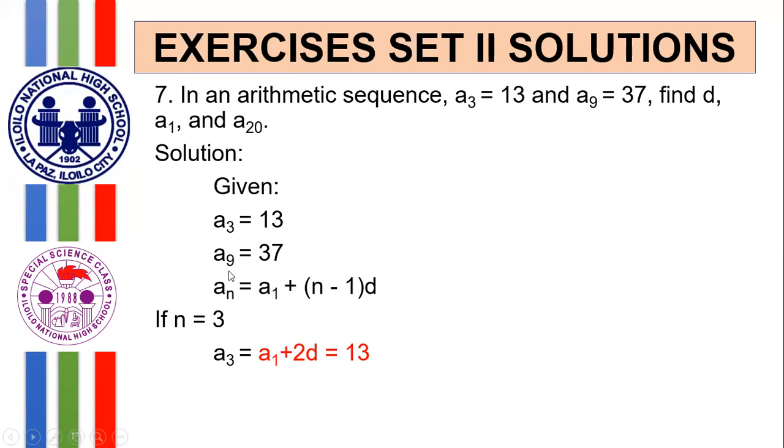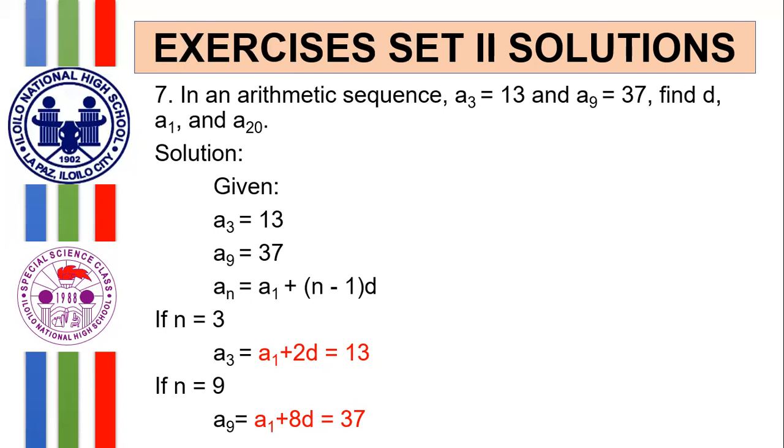Then with n equals 9, you will have to replace all n's by 9. So you will have a sub 9 equals a sub 1 plus 9 minus 1 or 8 times d, or 8d. But the 9th term is 37. That's why I have a sub 1 plus 8d equals 37.